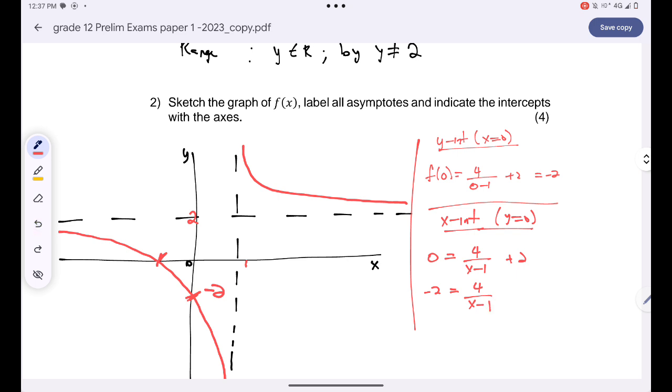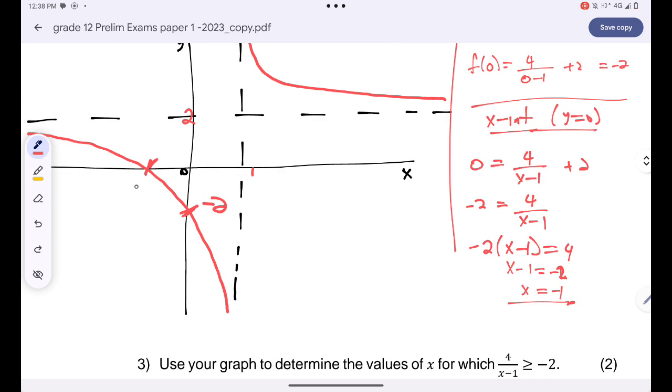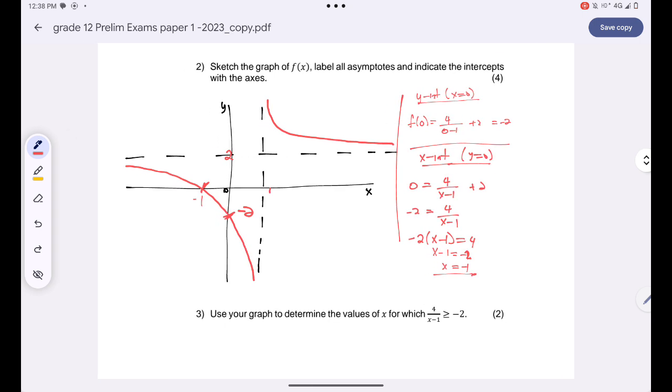I can multiply both sides by x minus 1. I'll end up having negative 2 times x minus 1 is equal to 4. Divide both sides by negative 2. Then x minus 1 is equal to negative 2, and hence x is just equal to negative 1. So the x-intercept is just negative 1. That's how, guys, you're supposed to draw your graph.